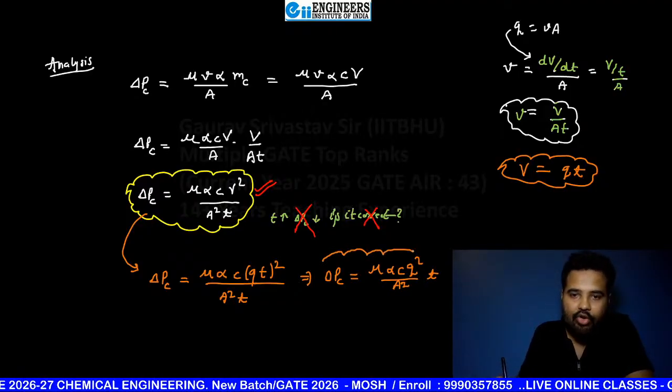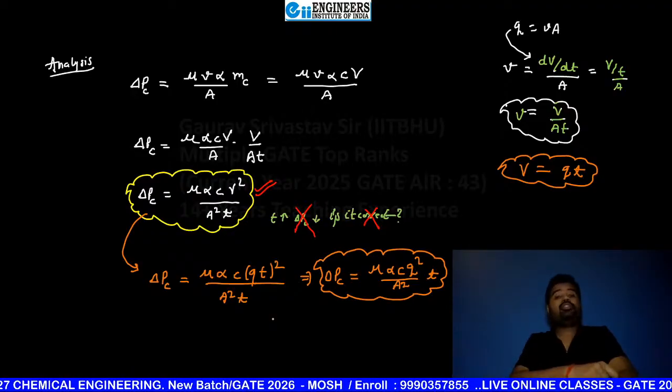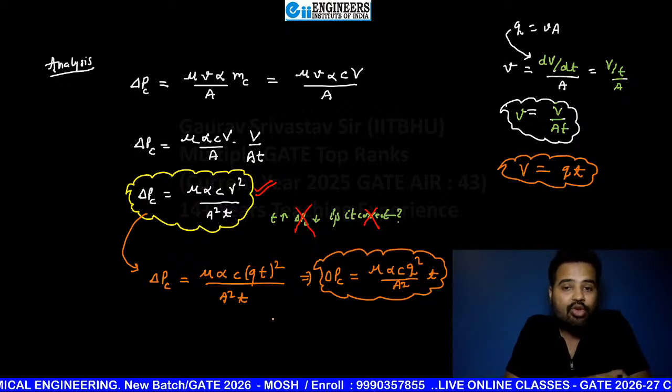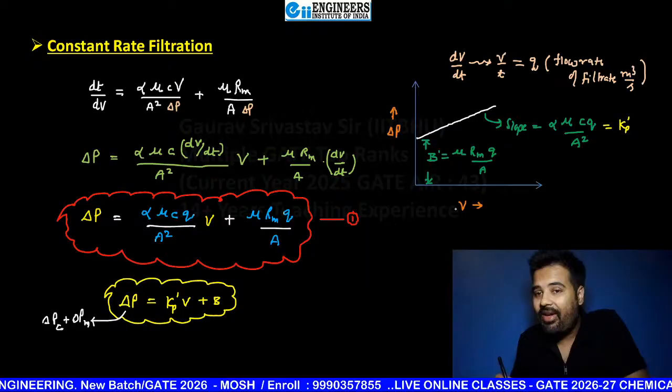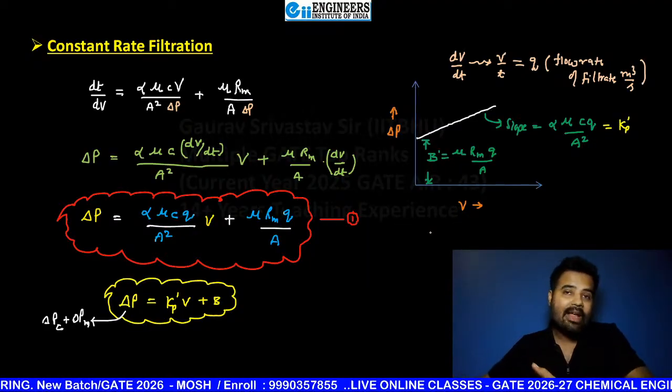So beta, the pressure drop with the help of this equation varies linearly with respect to time. Are you getting my words, beta? Tell me, did everyone understand or not? And in the previous case also you had seen pressure drop varies along with V, the volume of filtrate collected with respect to time.